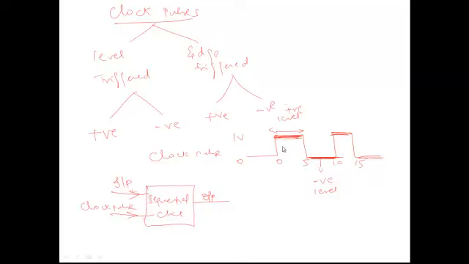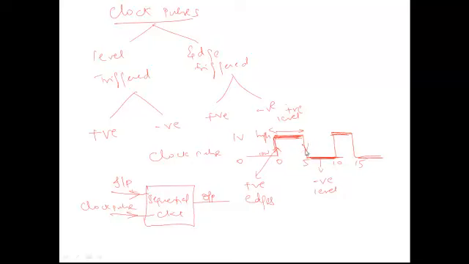Edge triggering means the sequential circuit is triggered only when there is a change in the clock pulse from low to high, which we call a positive edge. This is the edge of the clock pulse. Only whenever the clock pulse is changing from low to high, we call it a positive edge.